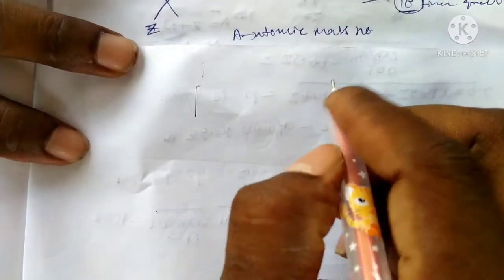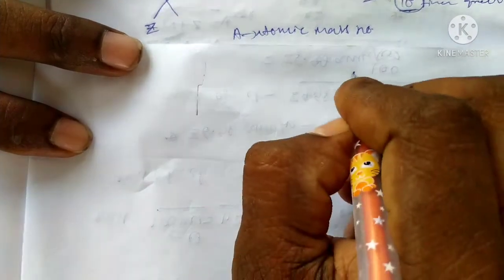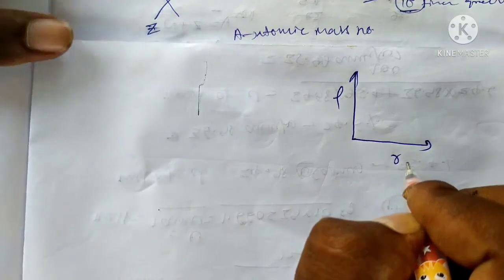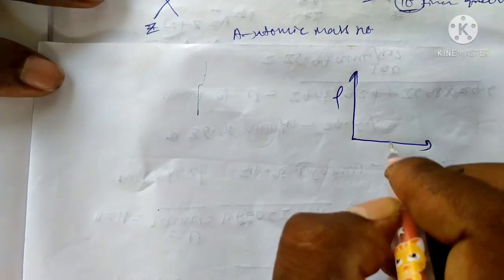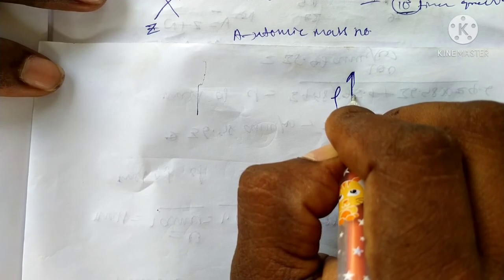Okay, according to the relation between density and the distance or radius of the nuclei, this is the density of the nuclei and this is the radius. The density is constant up to a certain distance.